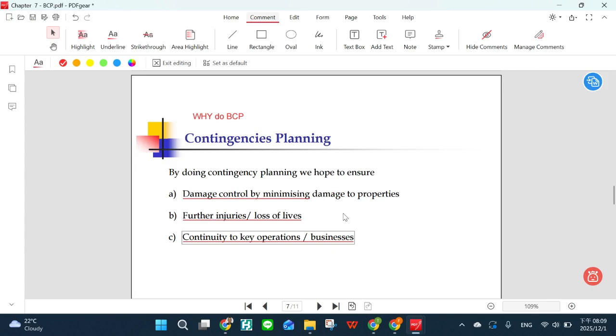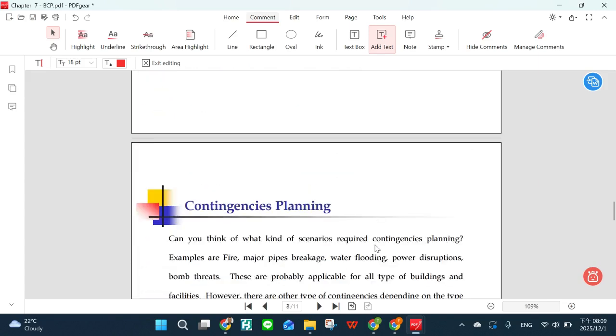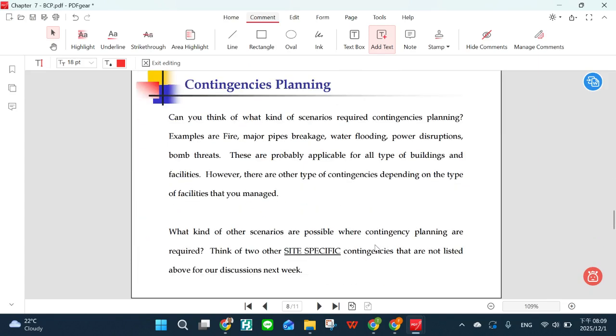Earlier we discussed site-specific contingency. Depending on what kind of premises you're running, a school may have certain BCP compared to secure premises, where security is of very high concern.